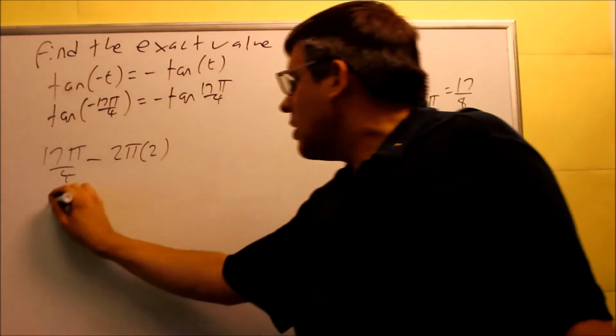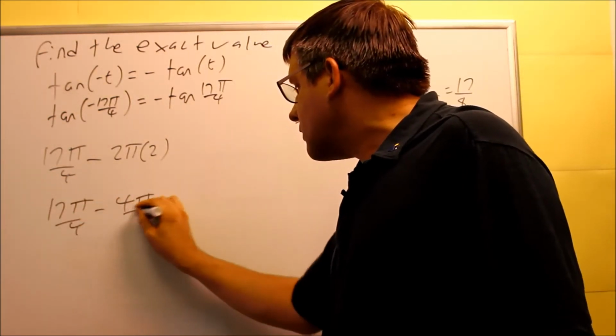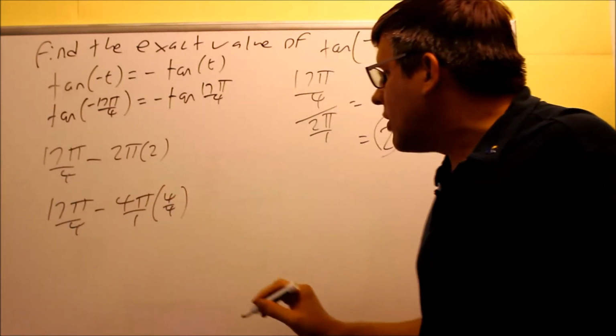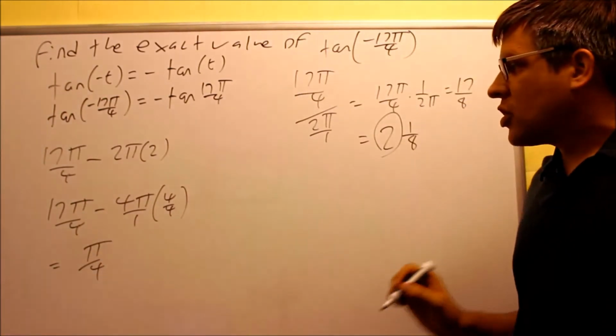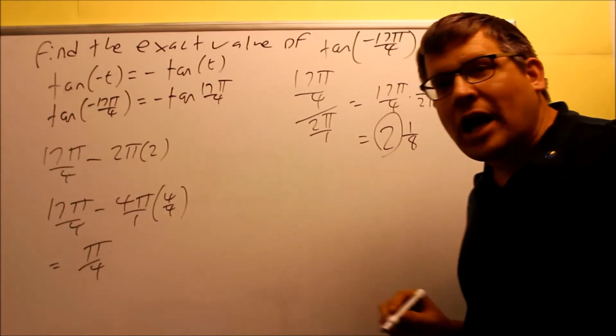Okay, so this is going to be 17 pi over 4 minus 4 pi. I want to get some common denominators here, so if I do 4 over 4 there and subtract it, I'm going to be left with pi over 4 as a result. So if I take 17 pi over 4, subtract 2 revolutions from it, I get pi over 4.